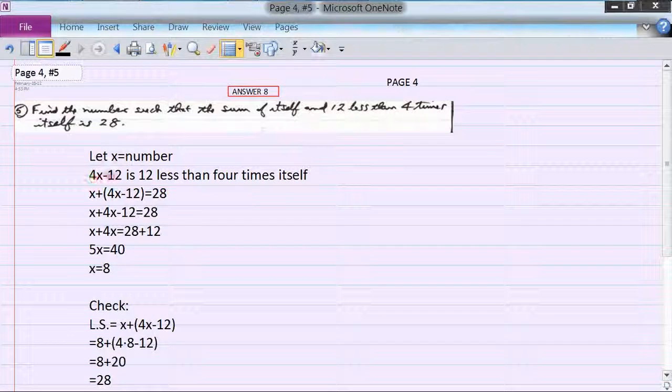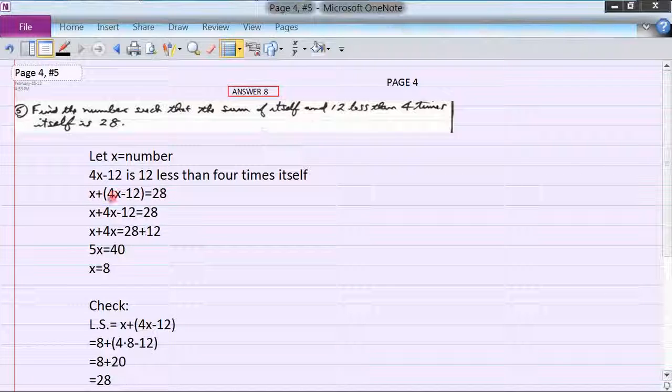So 4 times itself is 4x, and 12 less is minus 12. So this is the other number. We're thinking of two numbers, the sum of itself and the number that is 4 times that less 12, sums to 28.